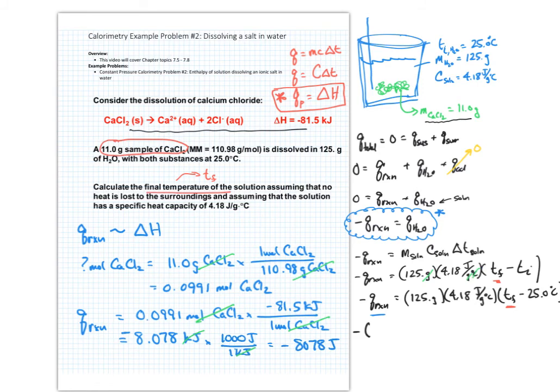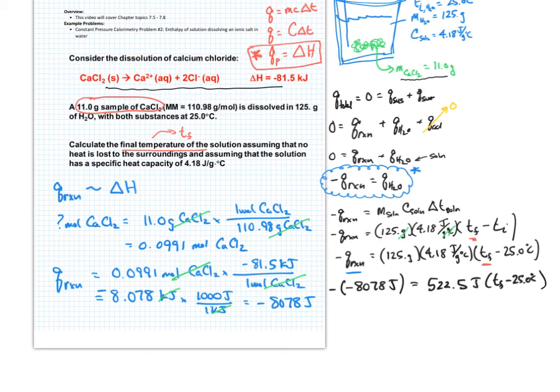Okay, so now I'm going to plug this back in here. So negative 8078 joules is equal to 522.5 joules times TF minus 25.0 degrees C. Okay, now we're just going to solve for TF, and I'll let you convince yourself of this, but 40.4 degrees C is my final temperature when you solve for TF.